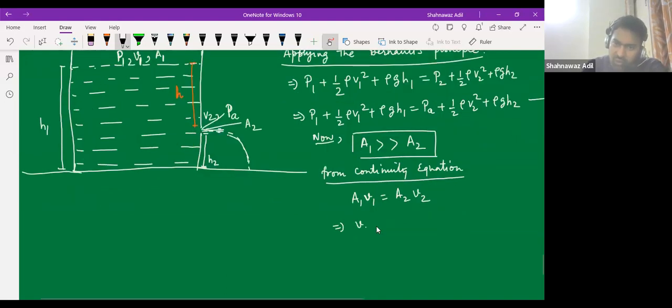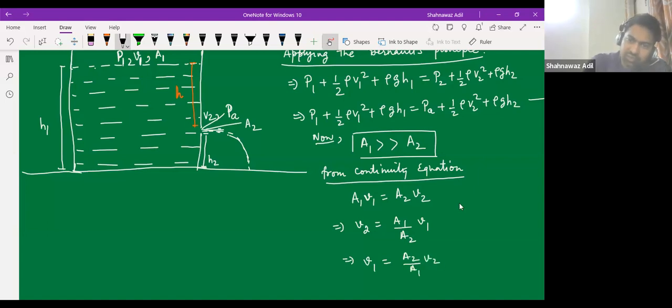V2 would be A1 by A2 times V1, right? Or if we write V1, V1 would be A2 by A1 times V2, right?